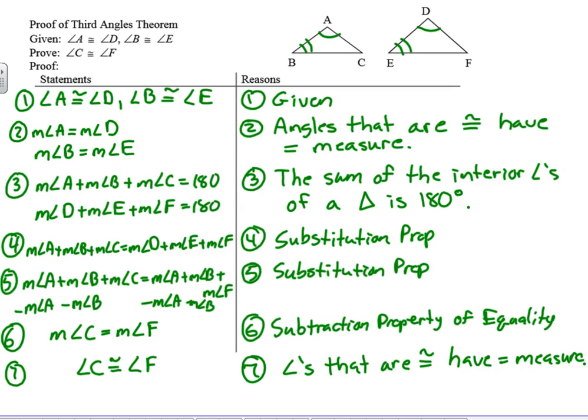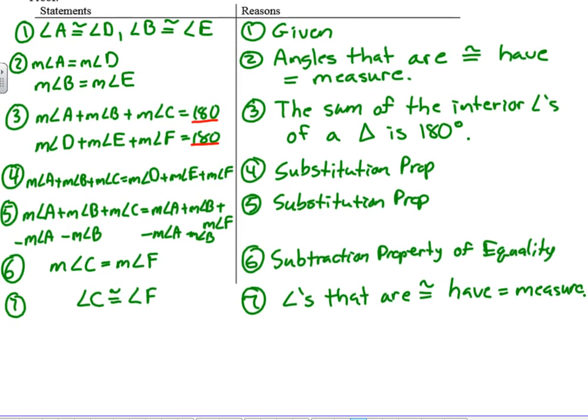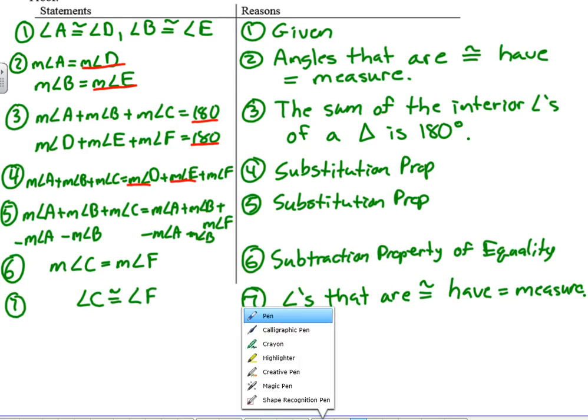Now, since they both equal 180, we can set these two things equal to each other. And that's what I've done in the next step. Measure of angle A plus the measure of angle B plus the measure of angle C equals the measure of angle D plus the measure of angle E plus the measure of angle F. Okay, now, here's what I'm doing. With D and E, I'm going to substitute in for those A and B. And so that's what you see down here in this next step.